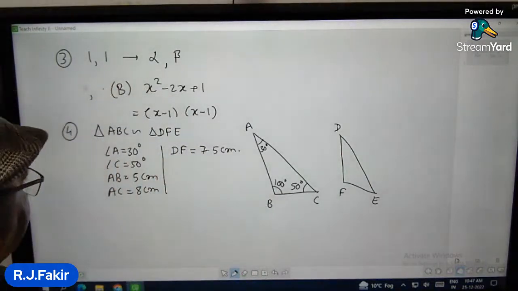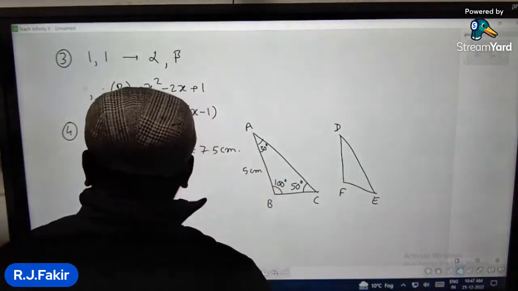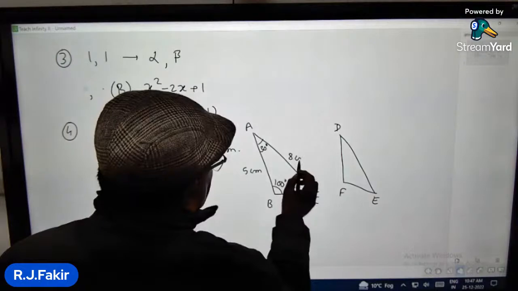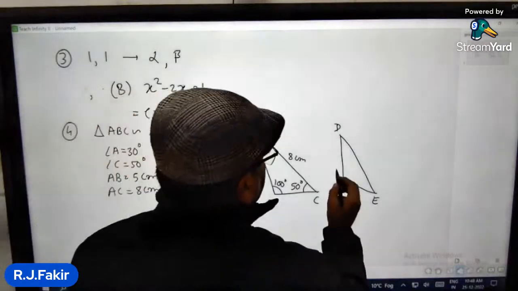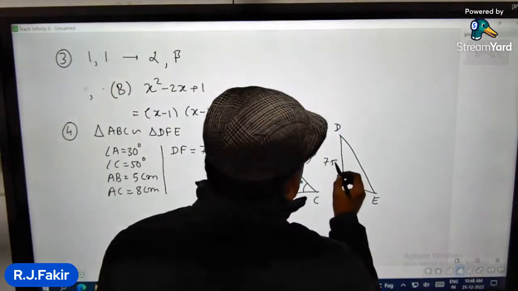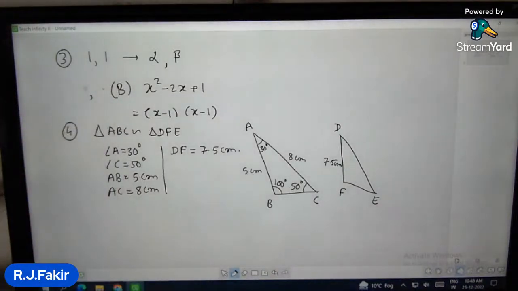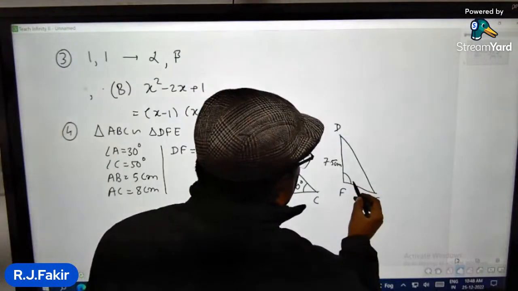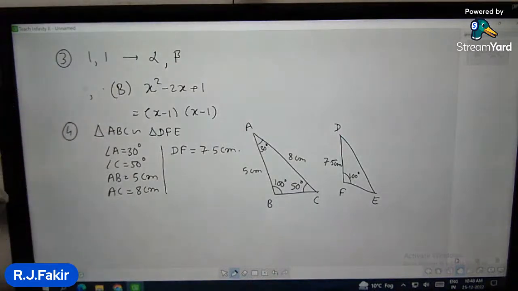Also we can write down their measurements, like AB is 5 centimeter, then AC is 8 centimeter, also DF is 7.5, and according to the rule of similarity, this angle will be of 100°.